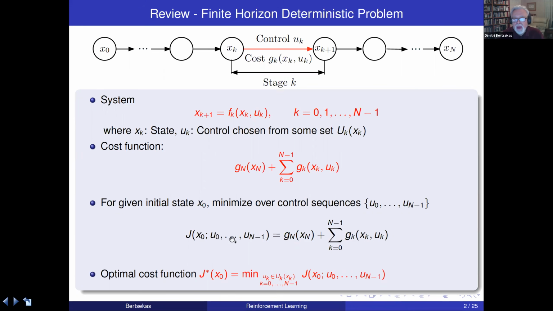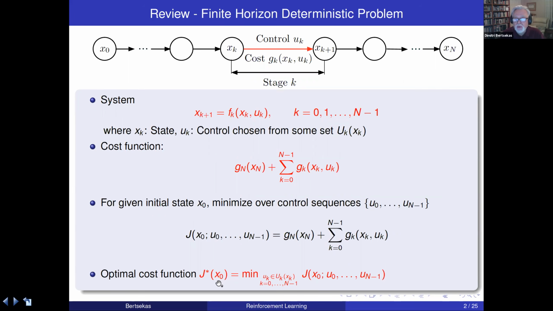And we want to find a sequence that optimizes this number. In other words, we want to find J star of X0, the minimum over all control sequences of this cost expression. And this is a function of the initial state X0.